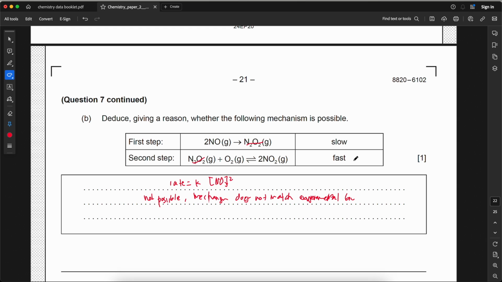So only NO would have an effect on the rate of reaction. Therefore, it doesn't match with the experiment.